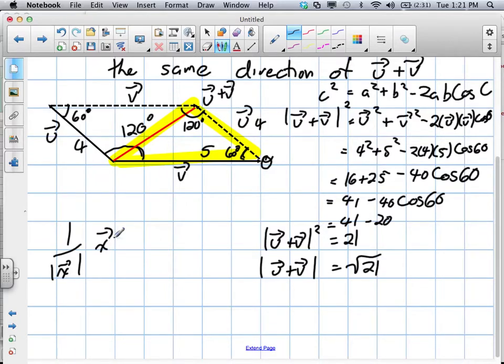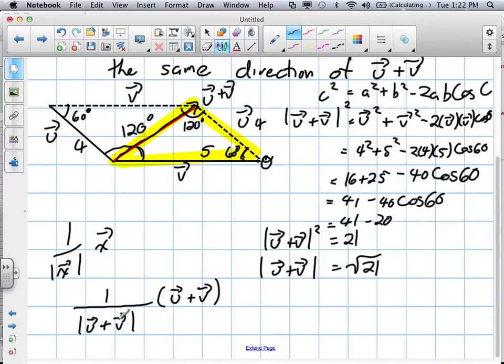Well, our resultant vector, in this case, or our x, is u plus v. Okay? This thing here is u plus v. And the magnitude, or absolute value, of u plus v, that's what we're trying to find. So in order to find this information, I'm going to plug in what our values are. We have 1 over the absolute value of u plus v times u plus v, not absolute value. Okay? Well, we know the absolute value of this.